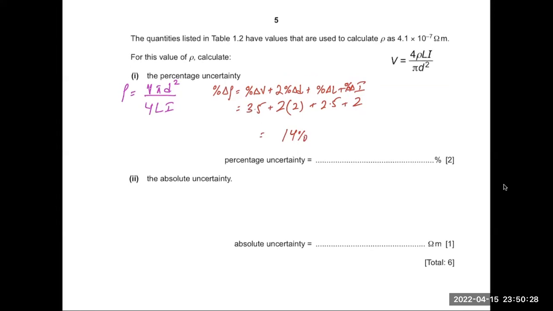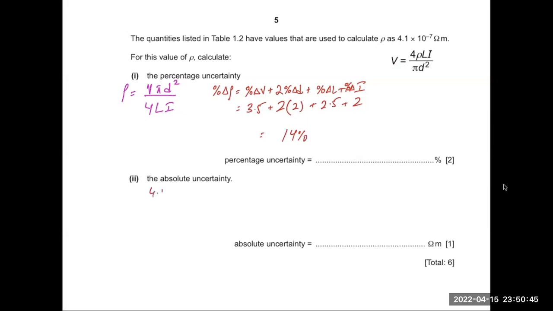Now, the next part says calculate the absolute uncertainty. What's the absolute error in this calculated value of rho? So we know the error is 14% of whatever this value is. So you need to find out 14% of that value.